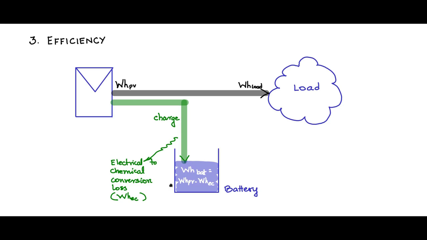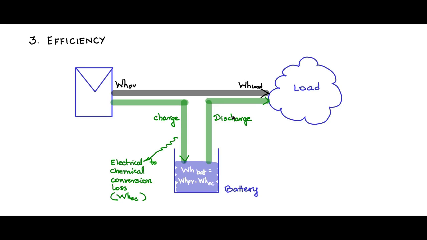Then the energy that is stored in the battery is discharged into the load as and when required. So the flow of energy, the direction is like that. Now this flow from the battery to the load is called discharging. So we discharge the battery.